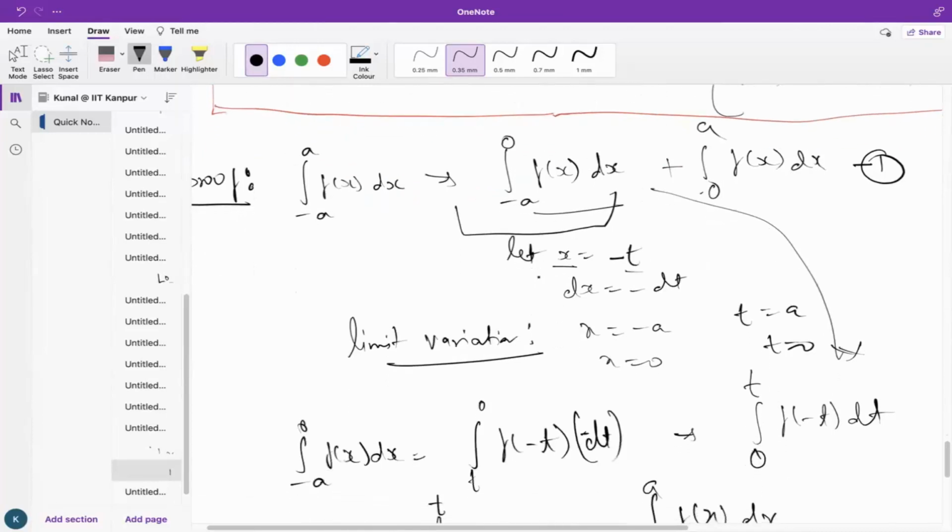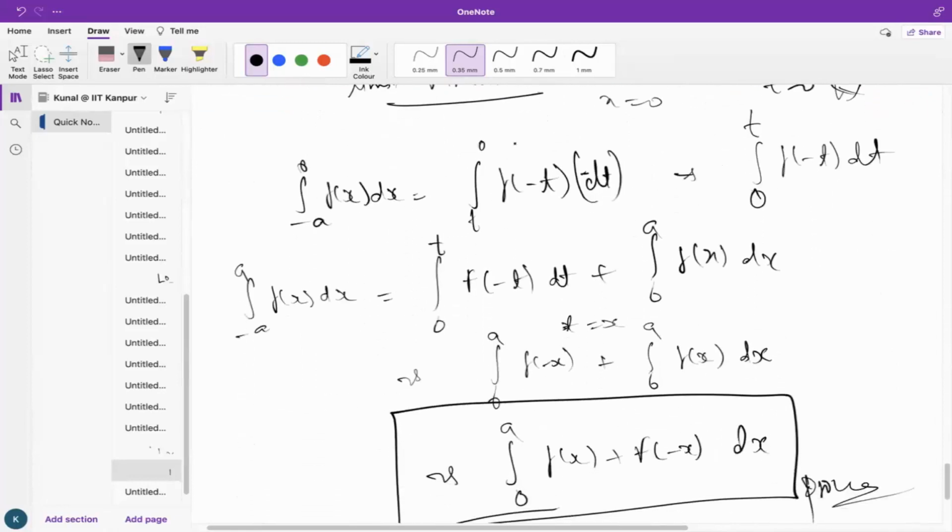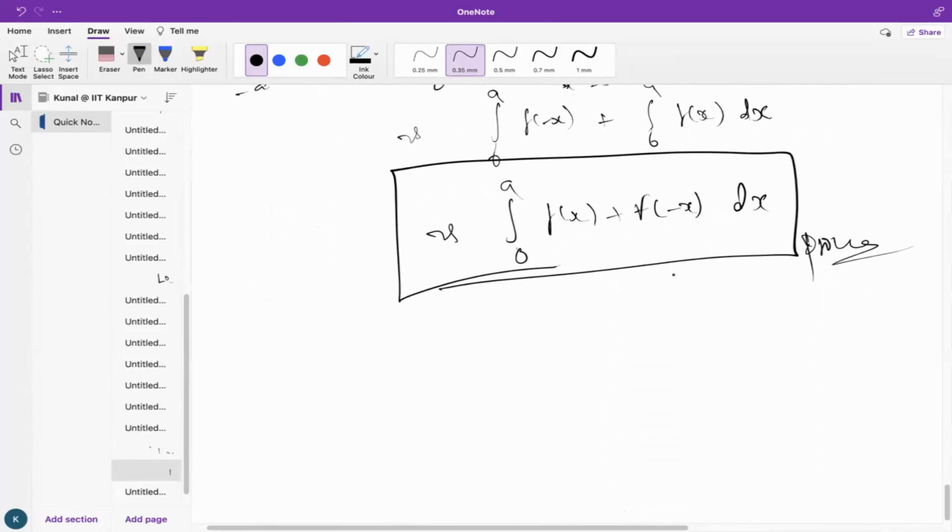Then I substituted x equal to minus t, so our dx will look like minus dt. Then we used the limit variation concept, so our limit varies from a to 0. Then I used a basic property of definite integration, and we reach the final proof.